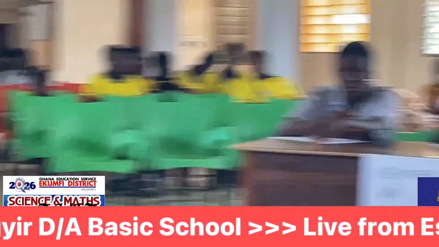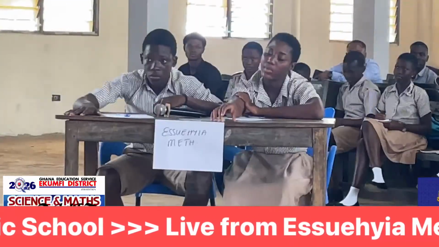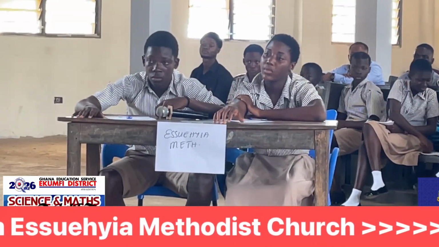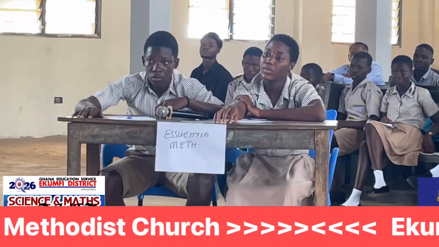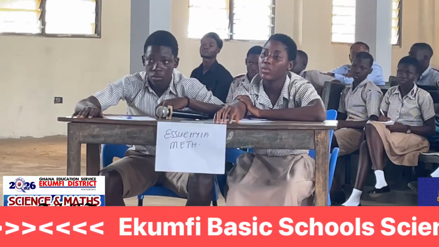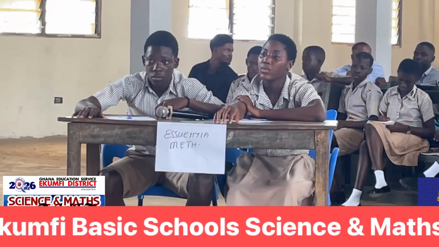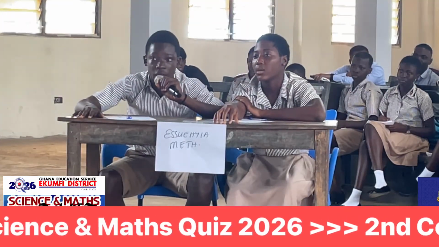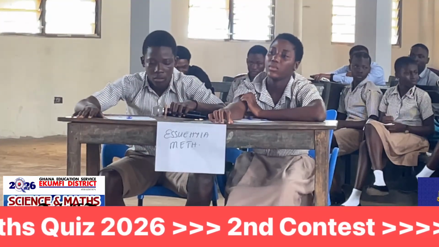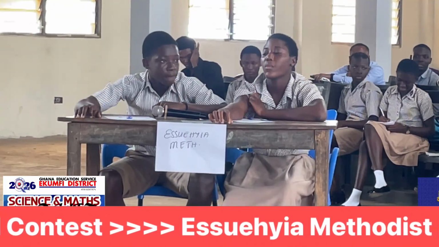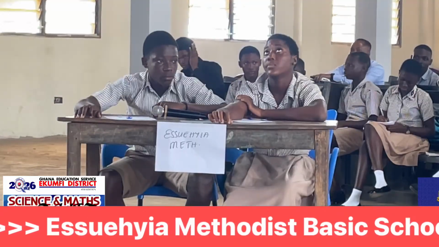That is correct. SRAFA Methodist, your major question. What is the term for a material that allows heat or electricity to flow through easily? That is correct. Asama, your major question.